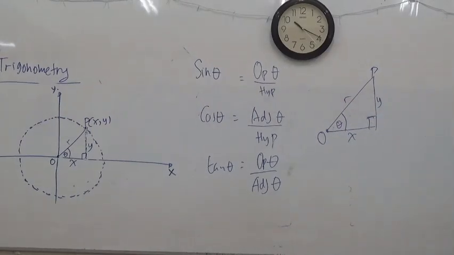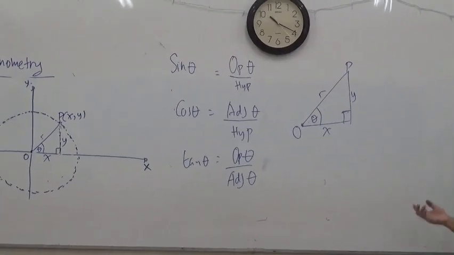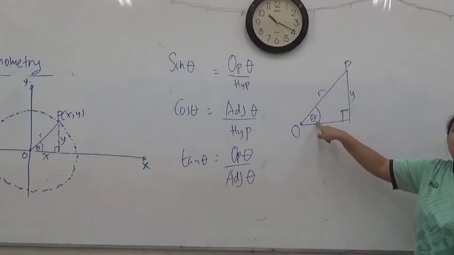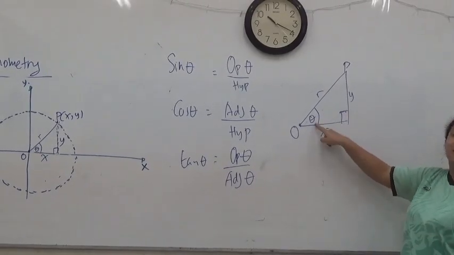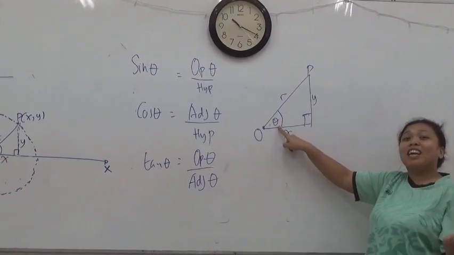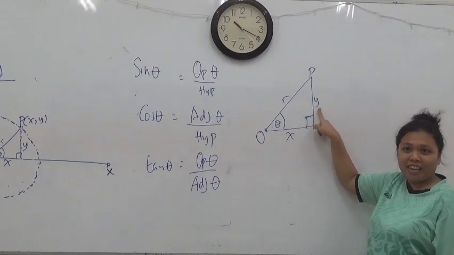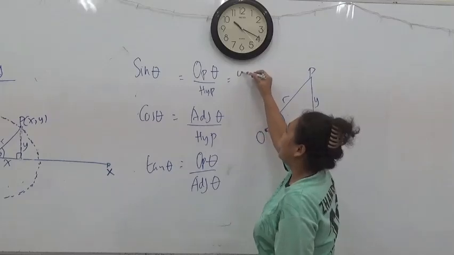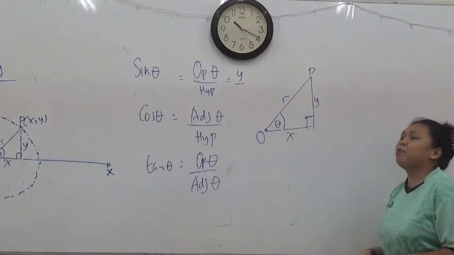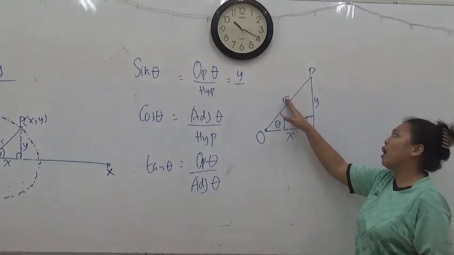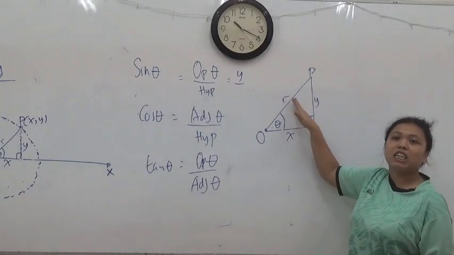Based on the formula, sine theta is opposite divided by hypotenuse. This is your theta. What is the side opposite to your theta angle? It should be Y. Divided by the hypotenuse. What is the hypotenuse? The hypotenuse is the longest side, the one in front of your 90 degree symbol.